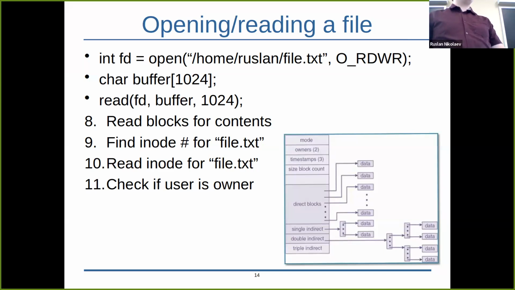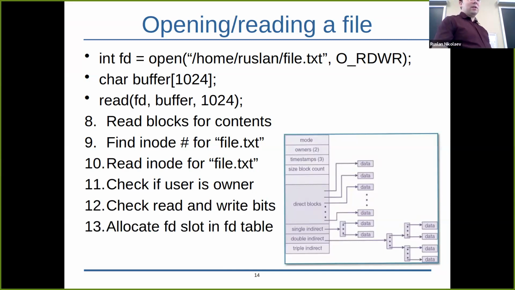Then you belong to everyone else, right? Then you look at the corresponding bits. And then you'll see whether you have the permissions, like reading or writing permissions, to access that file. If you don't have those permissions, it'll say permission denied, right? So you cannot open that file. So that will return an error. Otherwise, it will succeed.